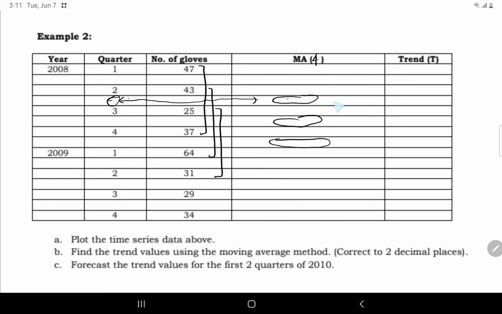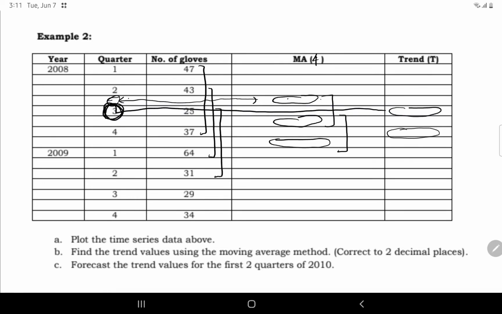So sebab tu kita kena tambah lagi satu column, which is kita kira lagi average between these two. And then average dia kita kena tulis dekat tengah-tengah antara dua ni lah kan. So tengah-tengah dia adalah di sini. And then between these two data, tengah-tengah dia dekat sini. So, barulah nilai ni berjumpa quarter dia.